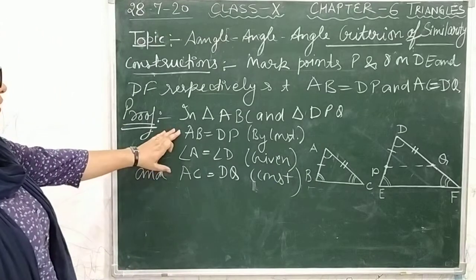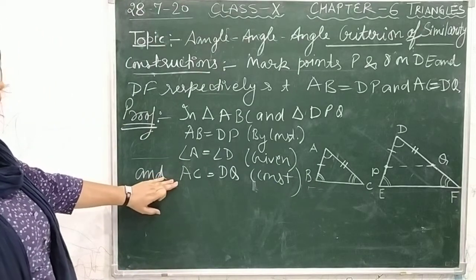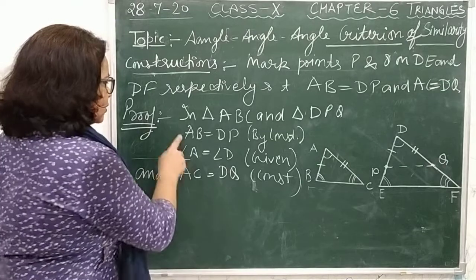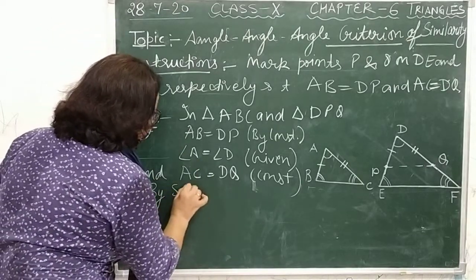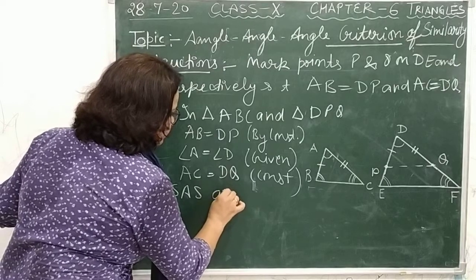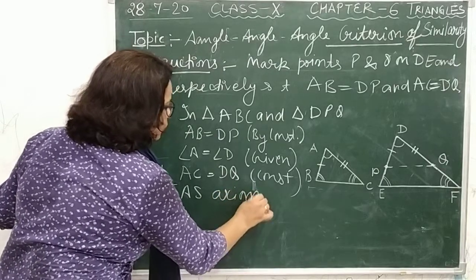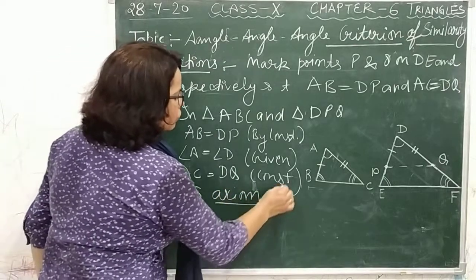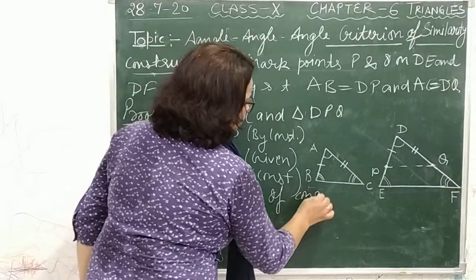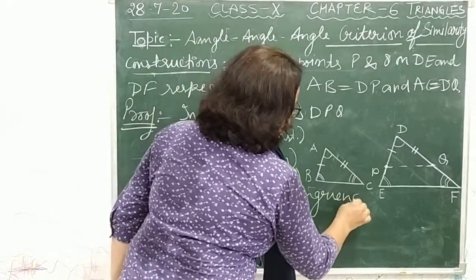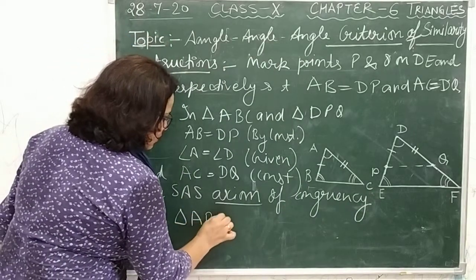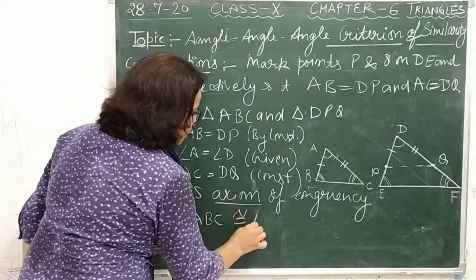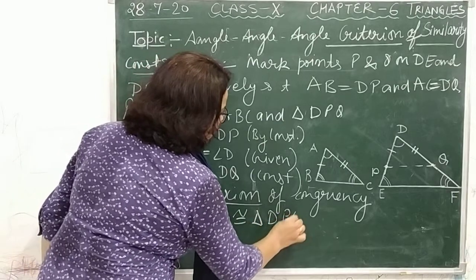So you can observe which criteria of congruency is applied here. Side, angle, side. This is side in between the angles. So by side angle side axiom. This was not a theorem, it was an axiom of congruency. Triangle ABC is congruent to triangle DPQ.